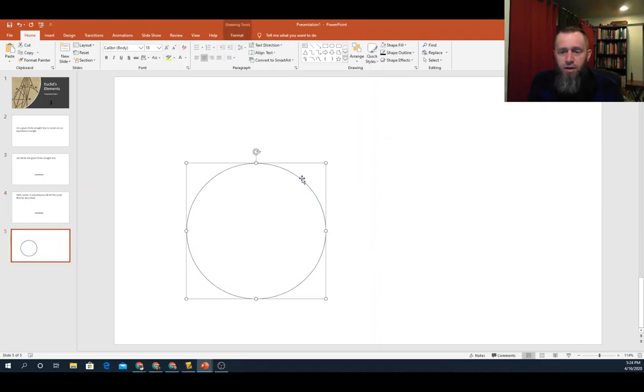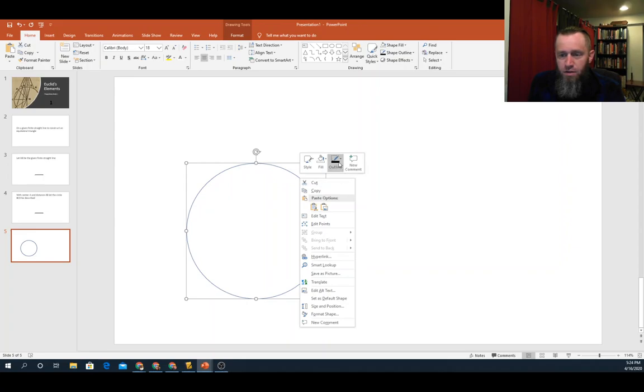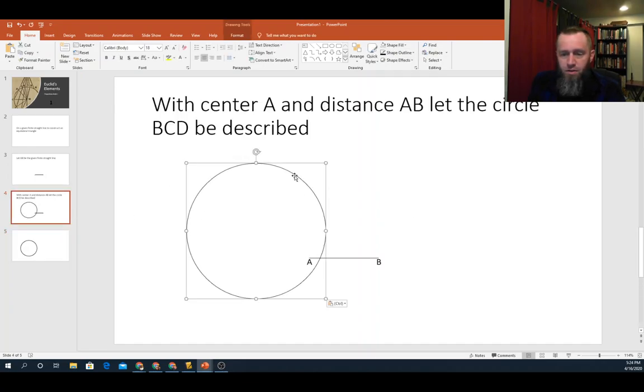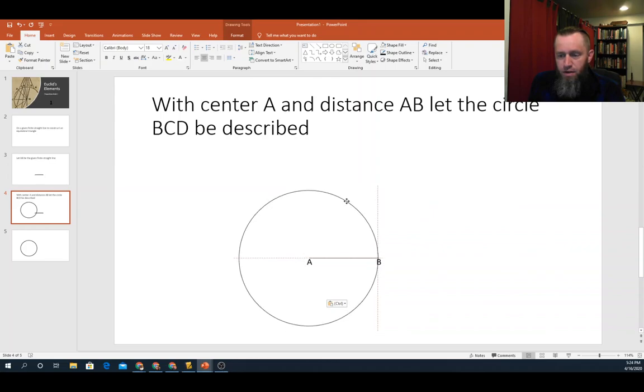I happen to have right here, let's go ahead and change the color here, a circle that is just the right size. That was the prep I did ahead of time. So I'm going to drop my circle in here, and we're going to make sure that it is, there we go, center is A, that's B. So now we will call this circle BCD.